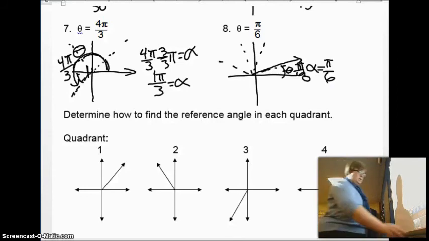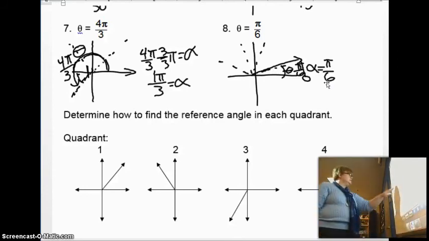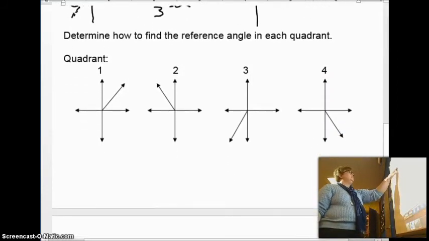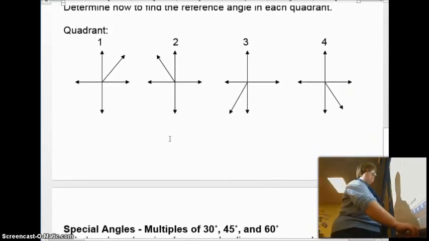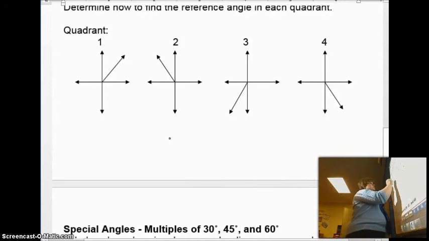Alrighty, so let's take a look at this next section, and it says determine how to find the reference angle in each quadrant. Okay, so since the reference angle is going to be the distance from the x-axis, in the first quadrant, that alpha is the same thing as theta.